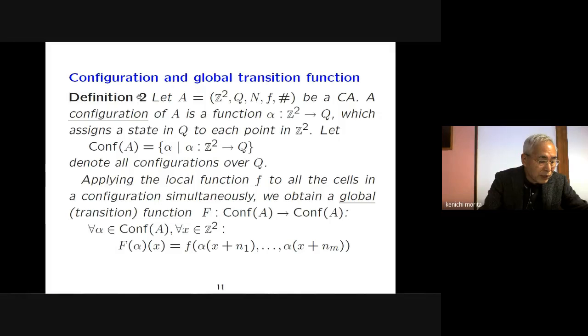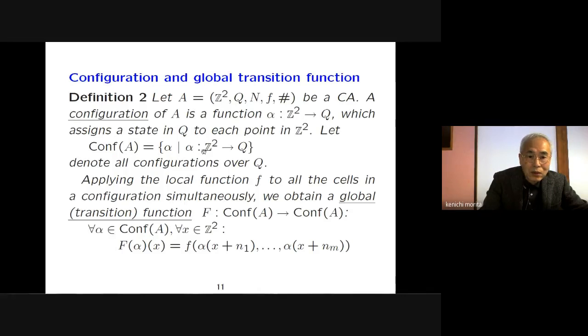A configuration and the global transition function are defined as follows. Let A be a cellular automaton. A configuration of A is a function that assigns a state in Q to each point in Z square.